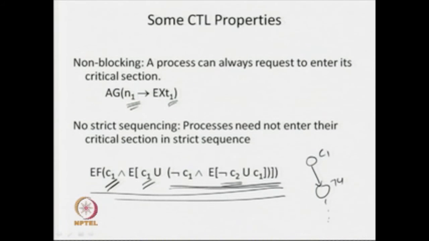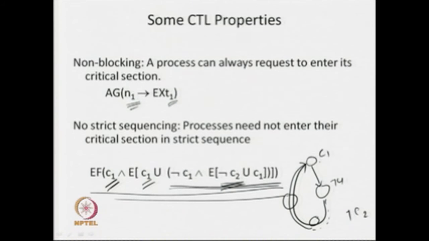I should get a path such that my system can again go to C1, but in none of the states C2 must be true. That means C2 will remain false, that means P2 is not entering into the critical section. So, this is the way that I am representing this particular behavior: not C2 remains true until again C1 becomes true.